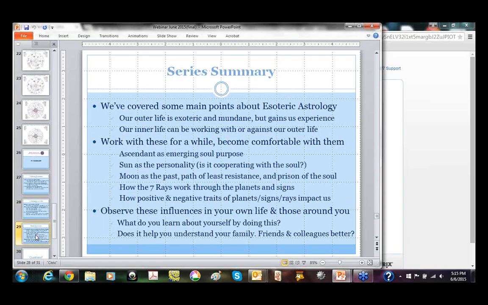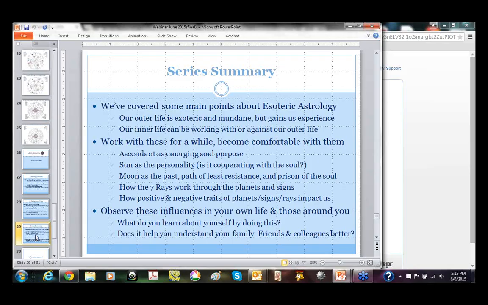So we've covered quite a lot of points with all of you through the series here. Both our exoteric life, which is important to understand because we still live and move and have our being within this planet, and we are still part of our exterior life. That's very important because it gains us experience.